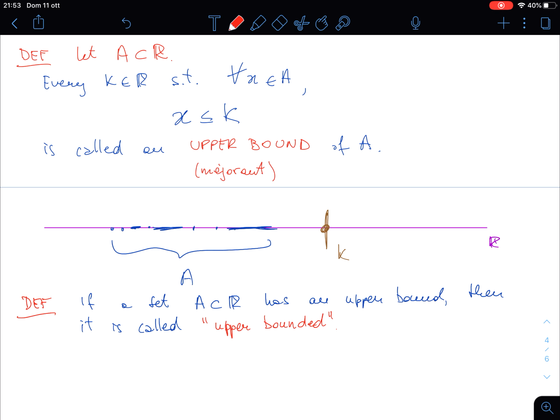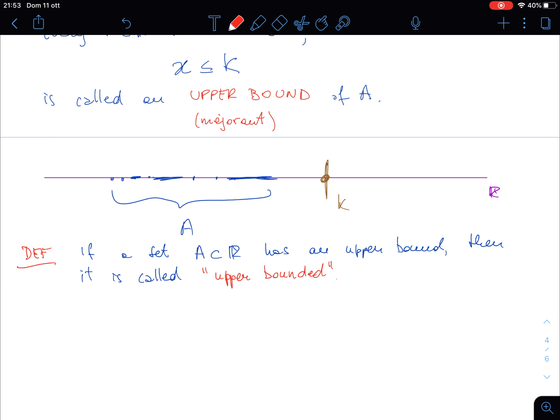Okay, this is a very natural, very simple definition. And now the next step is to consider the set of the upper bounds of a given set.